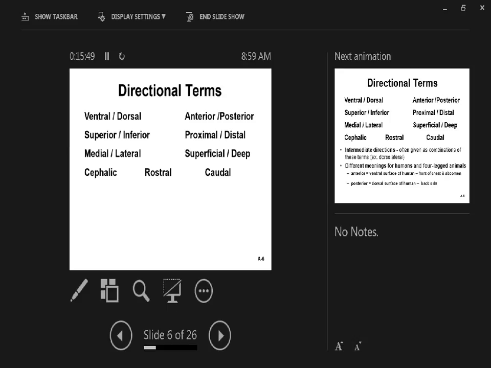I like to draw this little figure up here in anatomy. I'm not an artist, that's why I majored in biology. His hands are on his hips. These are shoulders right here, or the pectoral girdle.